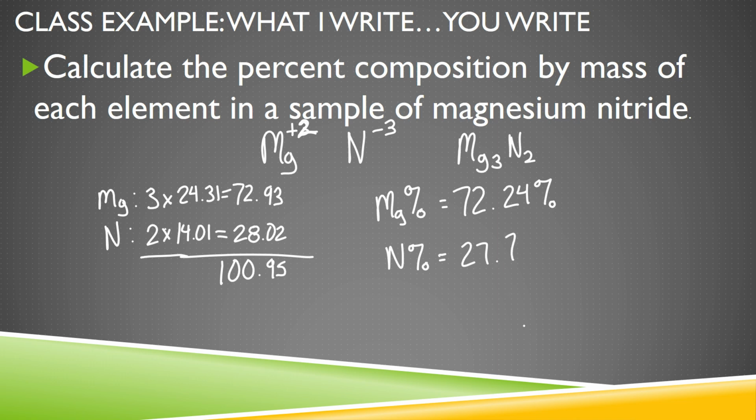I get 27.76 because I had to round that. So there were two ways that we could approach that. We could have just gone 100 minus 72.24 and got it, or we could have done 28.02 divided by 100.95 and then multiplied.